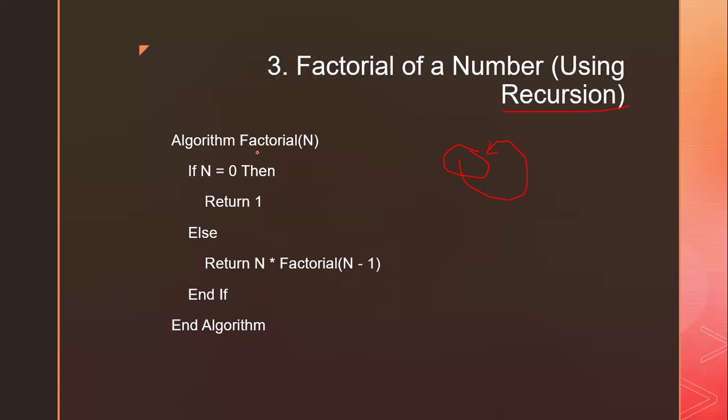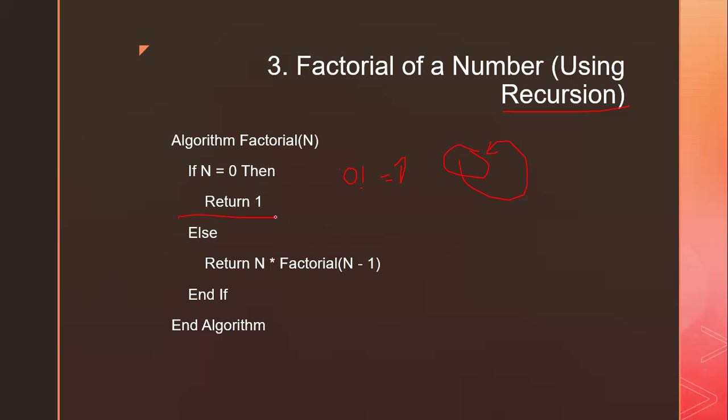So we have our algorithm, factorial n. If n is equal to 0, then return 1. We know that the factorial of 0 is equal to 1. So if n is equal to 0, we return 1.